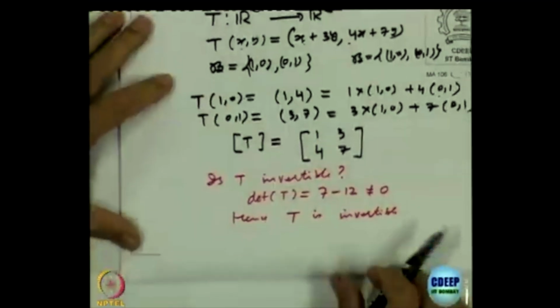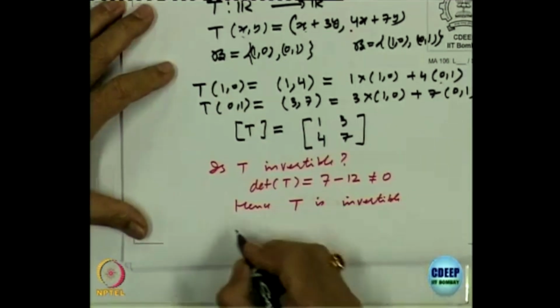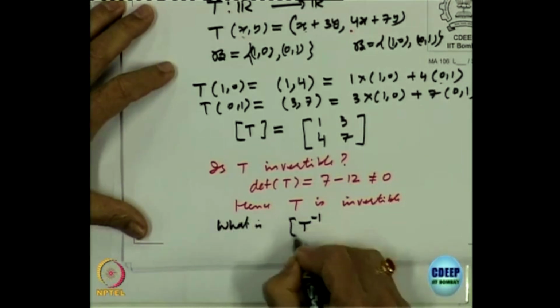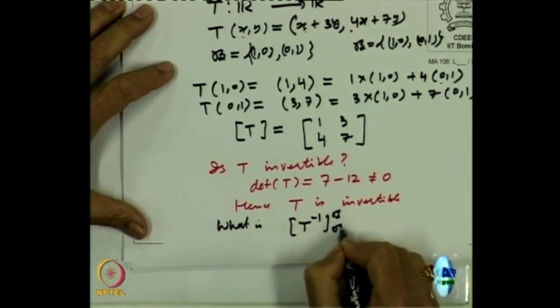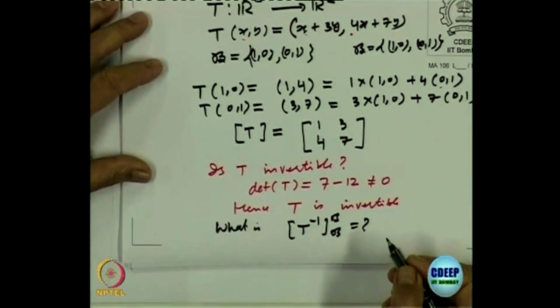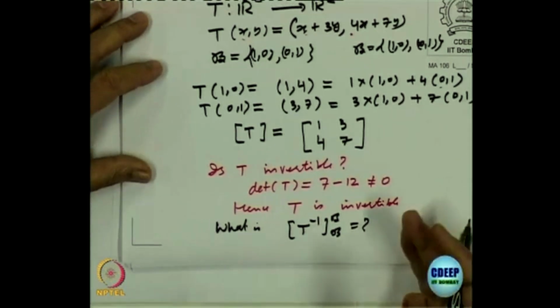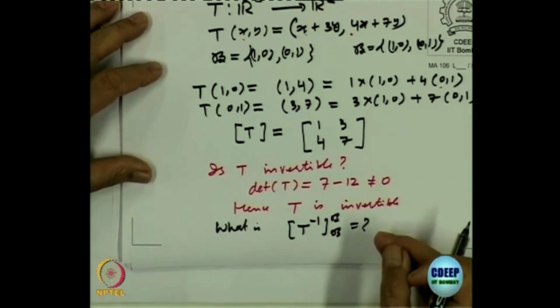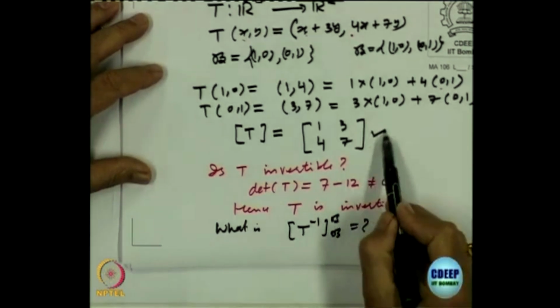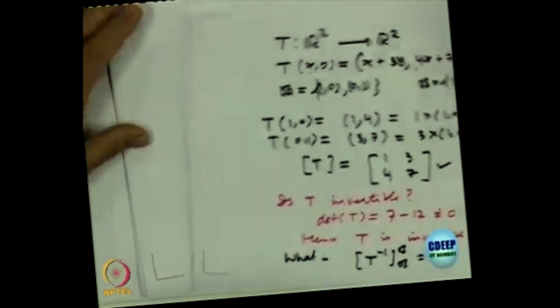So what do we want to do now? If T is invertible, what is the matrix of T inverse? I want to find the matrix of the inverse linear transformation. So what will that be? By the theorem, it is the inverse of this matrix. So let us write that.